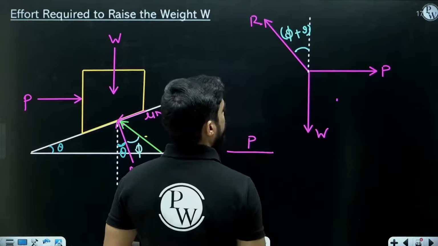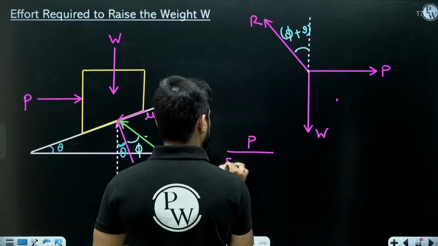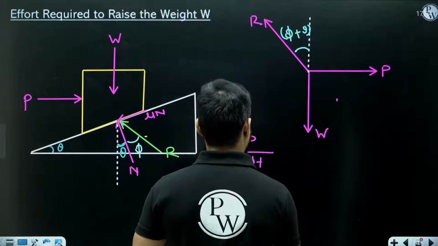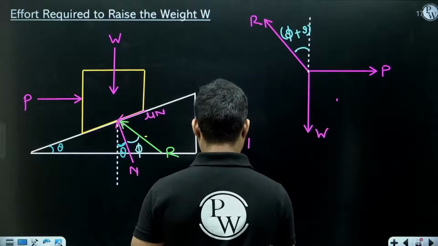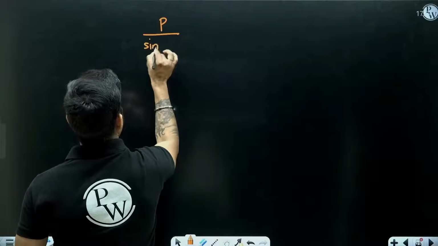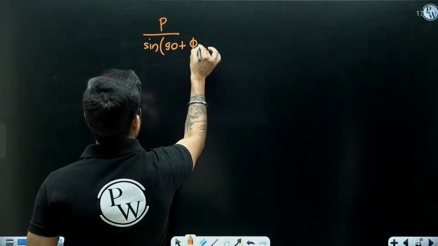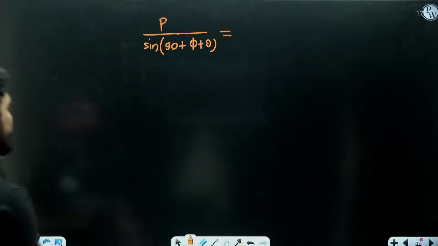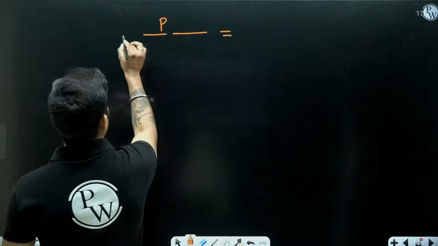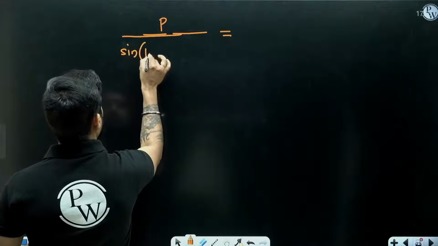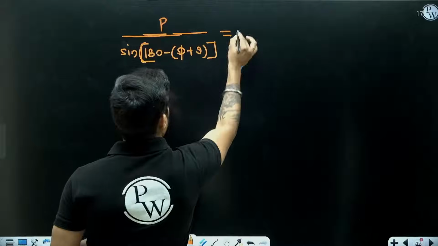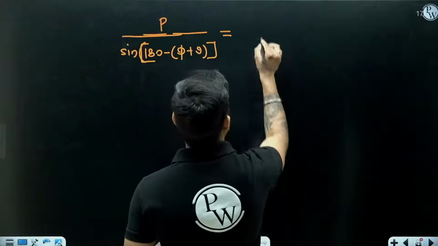P divided by sine of 180 minus (phi plus theta) equals W divided by sine of (90 plus phi).